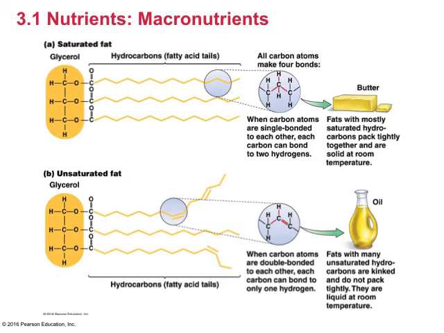So this double bond is like a kink in the chain, and the fatty acids aren't going to be straight. They're going to be kind of kinky. And so when you put them all together, they're not going to pack in really tight. So they're going to be liquid at room temperature. And this is mainly what you find in vegetable fats or vegetable oils. Olive oil, vegetable oil, they're liquid at room temperature.